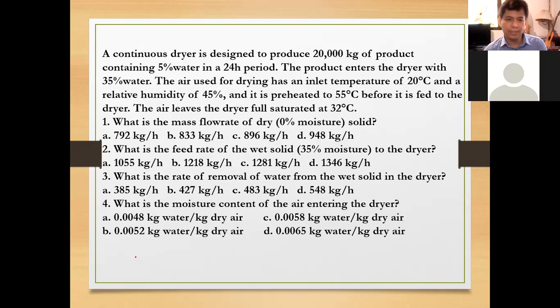Then what is our formula for humidity? H equals 18 over 29 times pH2O divided by P minus pH2O. Okay, so when there is no given operating pressure, what is the default? What do you think is the default pressure? The operating pressure, the P, when there is no given in the problem. What's the default?